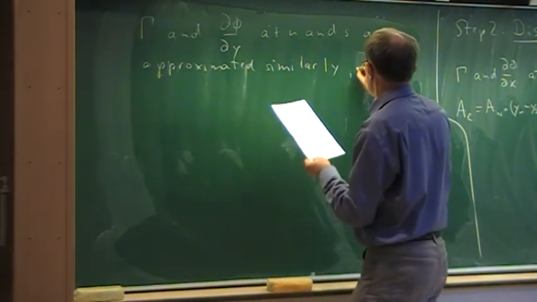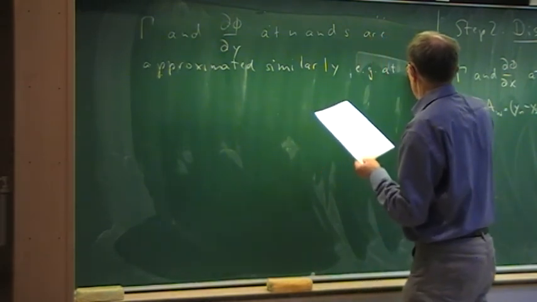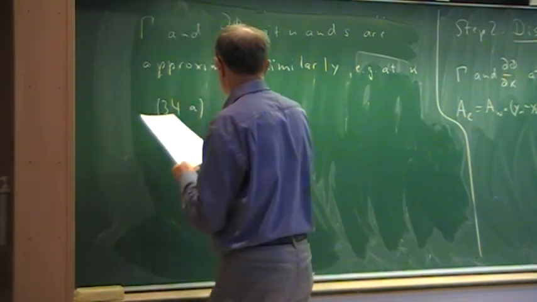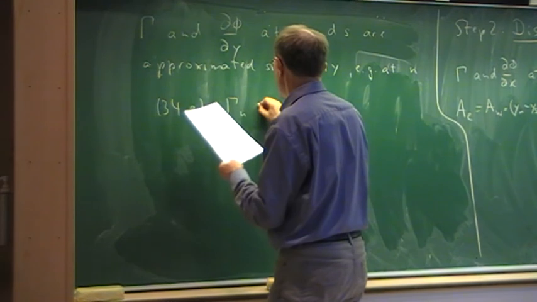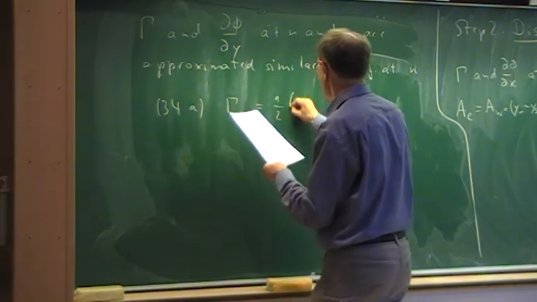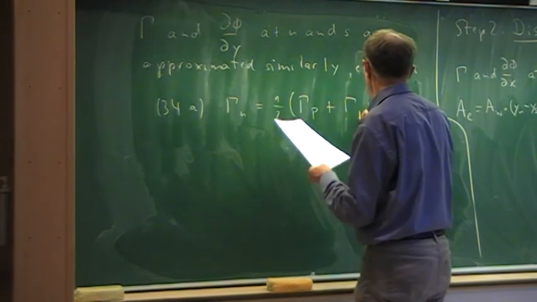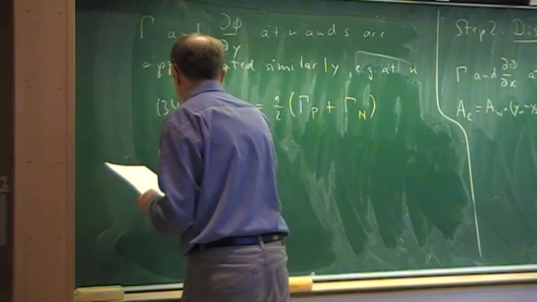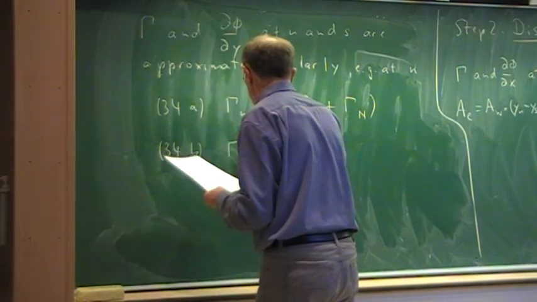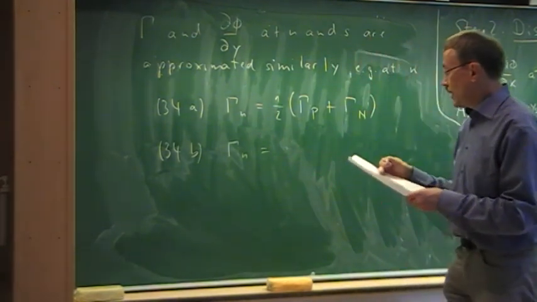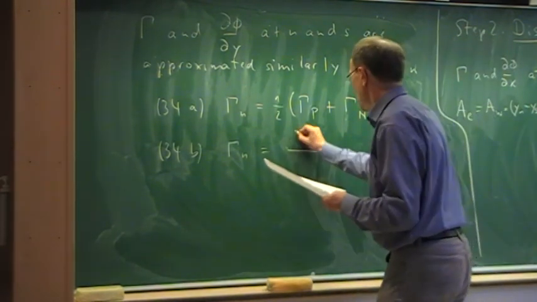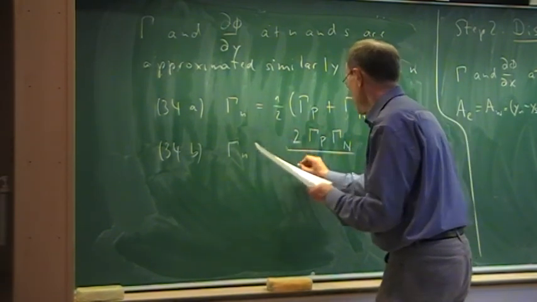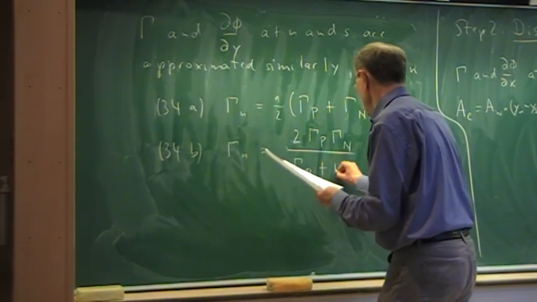And that is, for example, at the northern face we would use either for the gamma n the approximation 1/2 times gamma p plus gamma n. That would be the arithmetic average, or we would use the approximation, I write it here equal, but they are actually approximations, 2 times gamma p times gamma n divided by the sum of gamma p and gamma n.